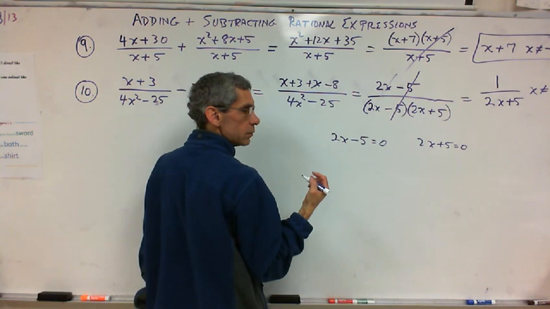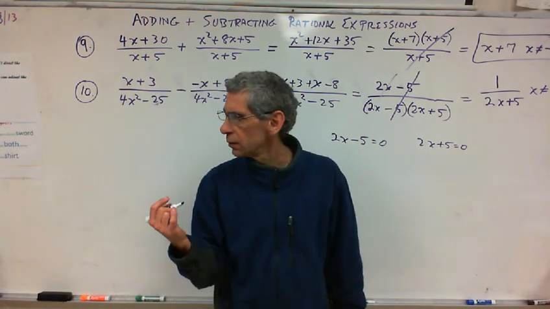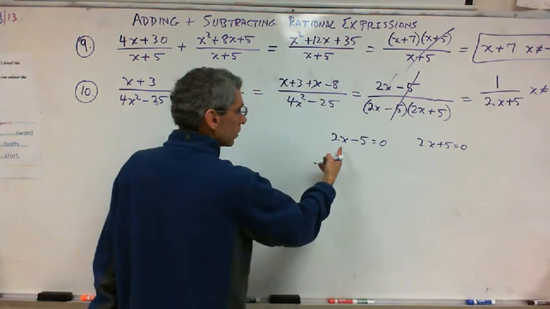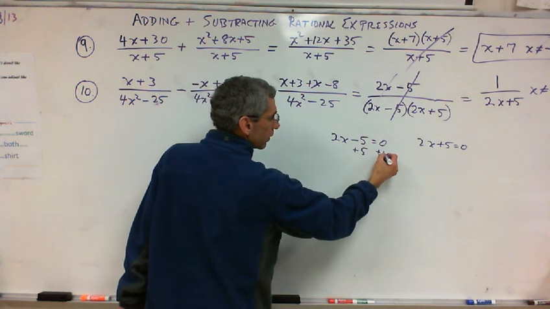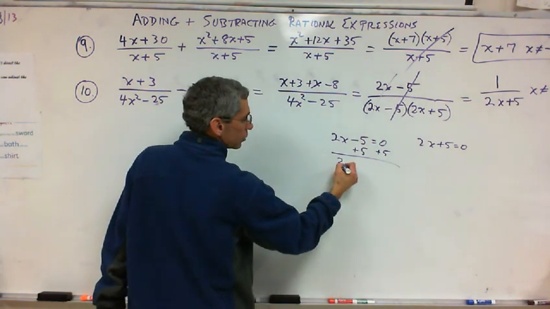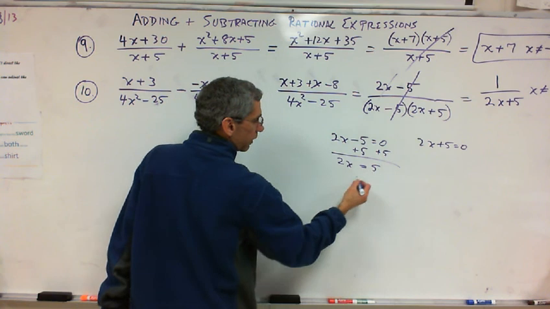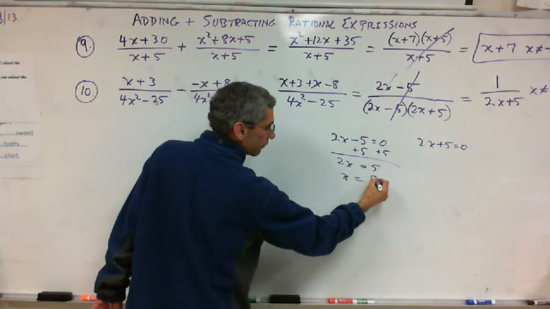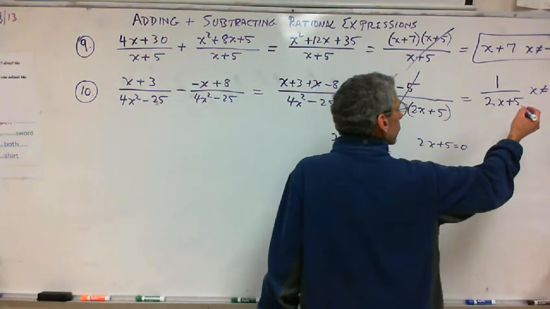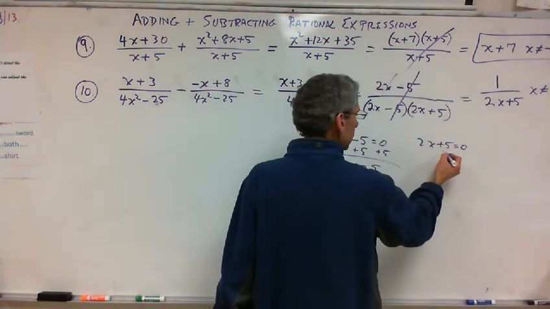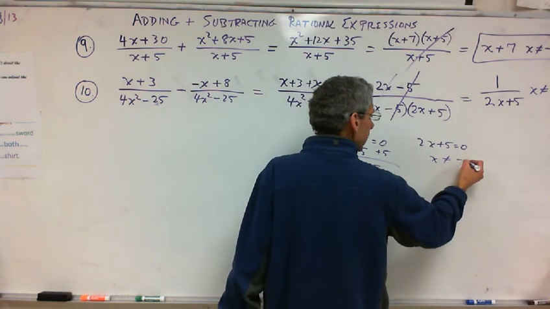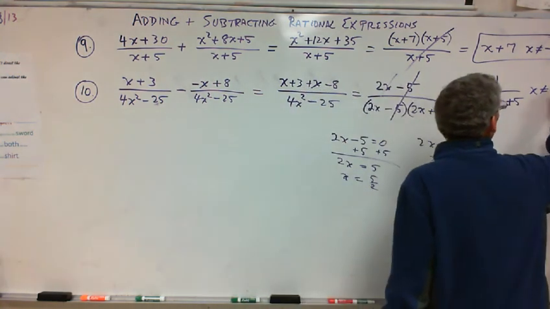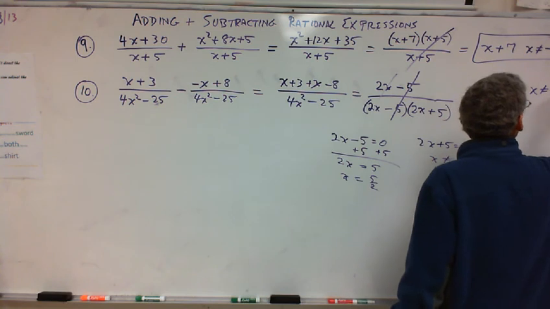Plus 5, plus 5. We've got 2x is equal to 5, x is equal to 5 halves. So x cannot equal 5 halves. And the other is negative 5 halves, where x cannot equal negative 5 halves. So it'll be plus or minus 5 halves.